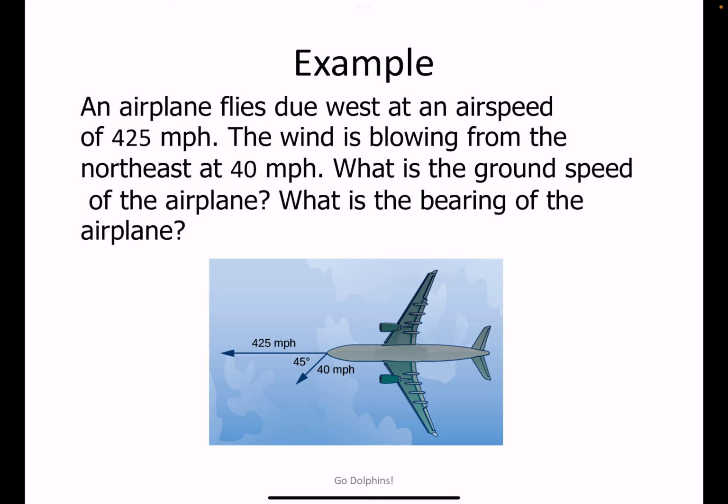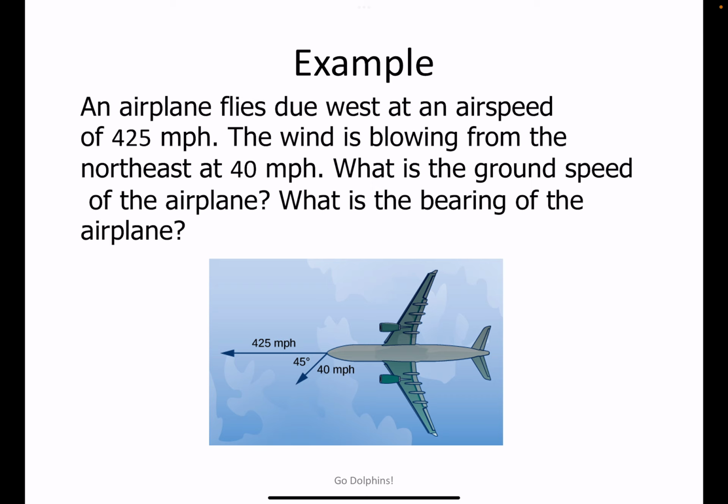Now let's move on to the second example. We have an airplane that flies due west at an airspeed of 425 miles per hour. The wind is blowing from northeast at 40 miles per hour. What is the ground speed of the airplane? What is the bearing of the airplane? Okay, so let's also do a graphic.